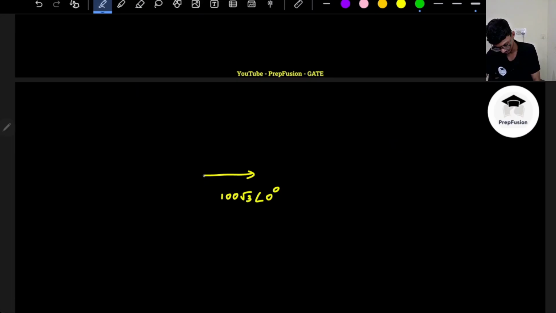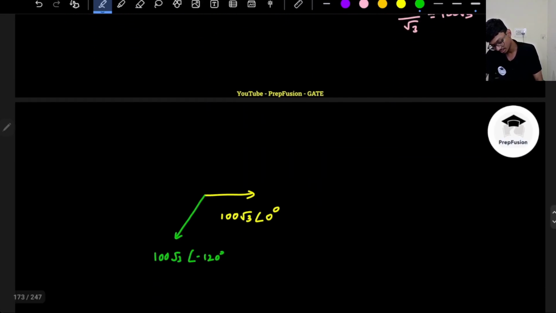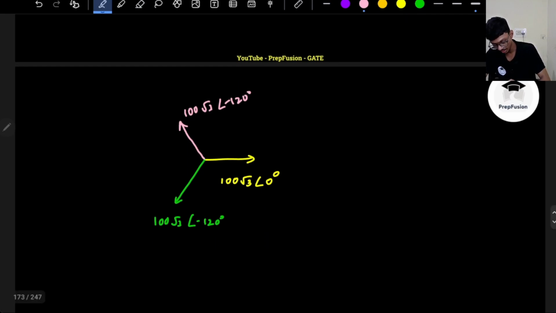Minus 120 is here, 100 root 3 at minus 120. Another one is minus 100 root 3 at plus 120. 100 root 3 at plus 120 will be somewhere here. Now I have to take the phase opposite. I will oppose it later.